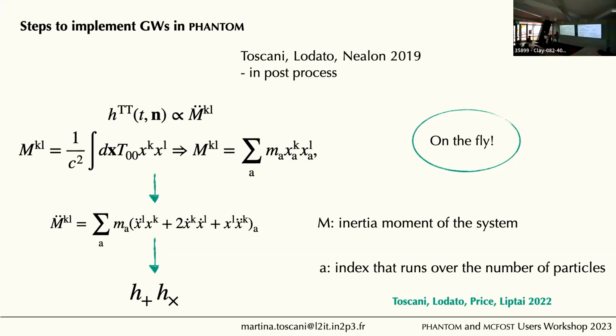So basically what we need to write in Phantom is the second time derivative, that can be expressed in terms of typical quantities that describe SPH particles: mass, position, velocity, and acceleration. The idea is that this quantity is calculated while the simulation is running, and then it is plugged in the expression that we use to formulate the two polarization amplitudes, h plus and h cross.